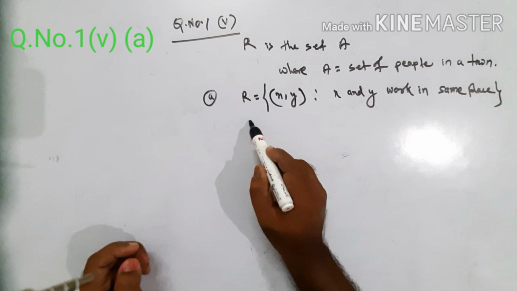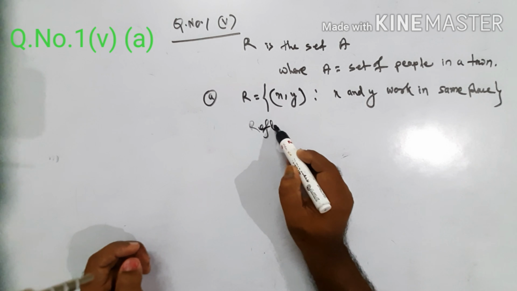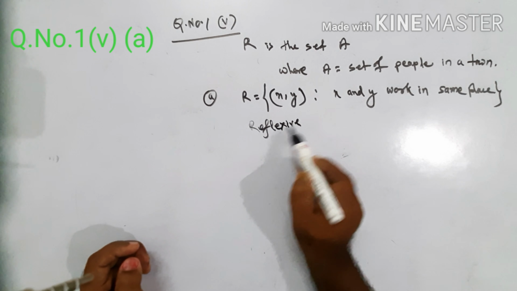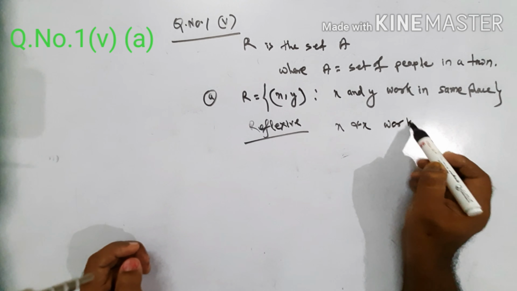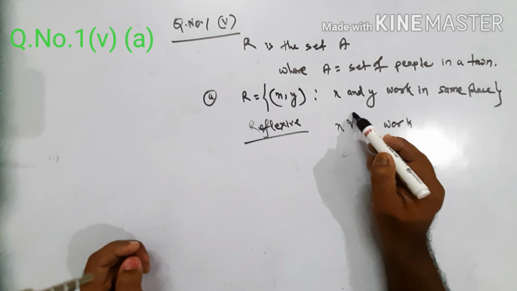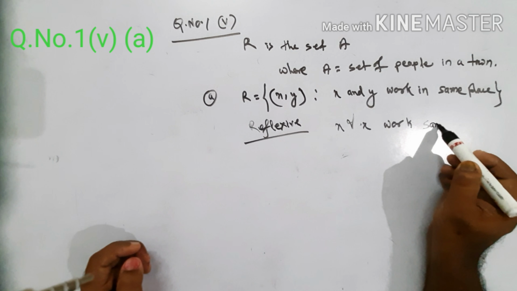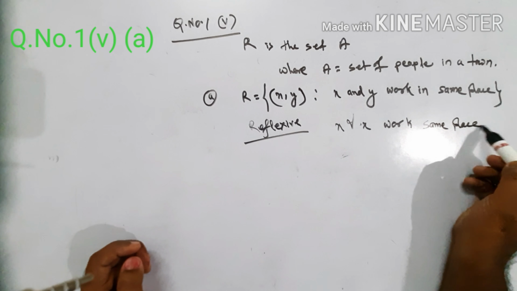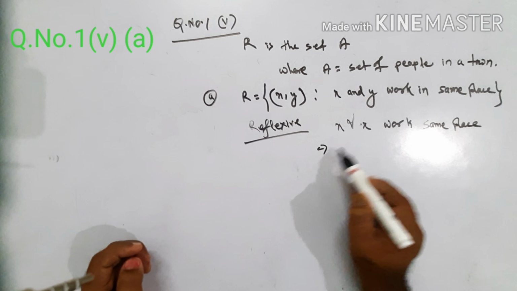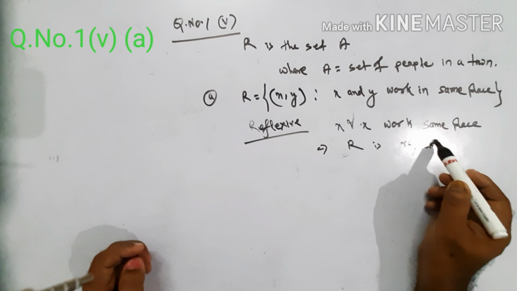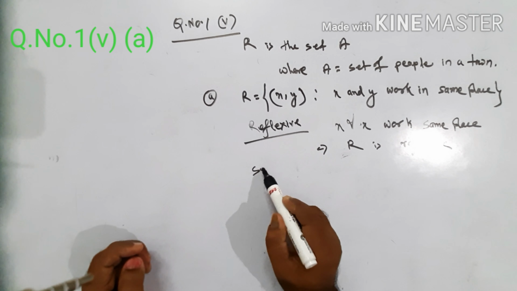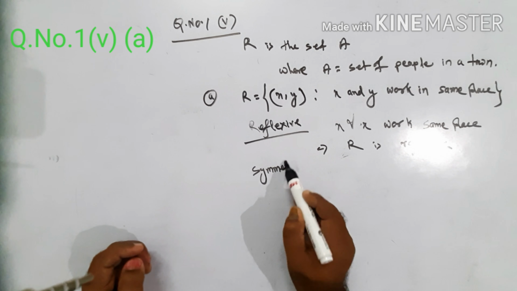Now we have to show reflexive. Reflexive means x and x work in the same place. Same place, clear? That means R is reflexive. Then symmetric. It is also very easy.